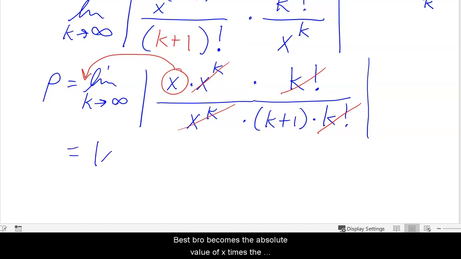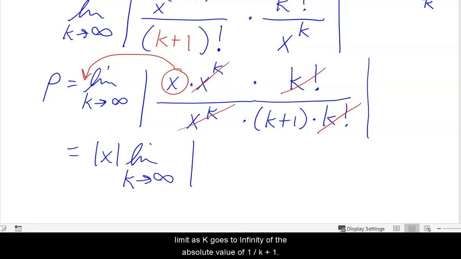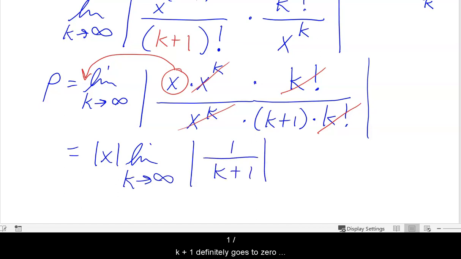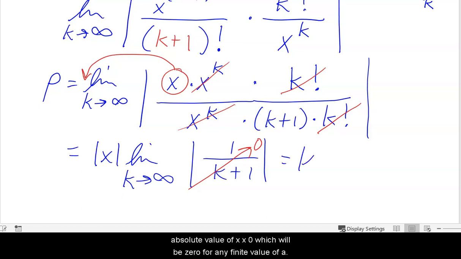Thus, rho becomes the absolute value of x times the limit as k goes to infinity of the absolute value of 1 over k plus 1. 1 over k plus 1 definitely goes to 0 as k goes to infinity. So again, I find that I have the absolute value of x times 0, which will be 0 for any finite value of x.